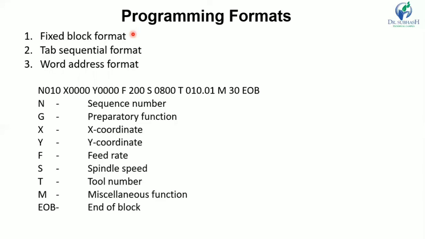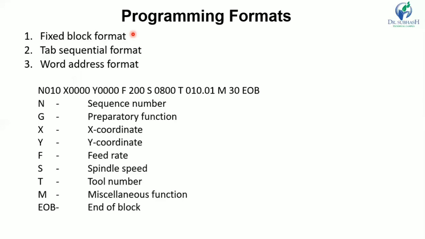For example, if some coordinate value, that is X, Y, Z, remains constant from one block to the next block, this value has to be specified in the next block also. In this system, only data is provided in the program and the identifying address letters are not given, but the data must be input in a specified sequence, and characters within each word must be of the same length.